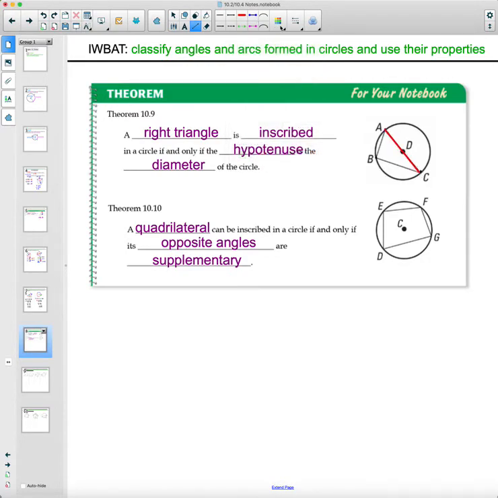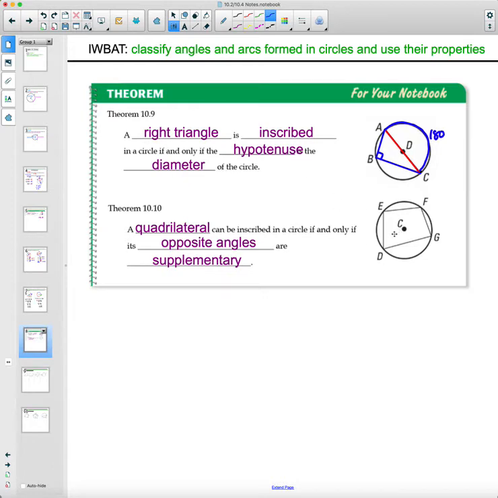The reason for that is that these two legs make an inscribed angle, because the vertex is on the edge of the circle, and this intercepted arc right here. So if this is 90, then this has to be 180 because it's double the angle. And 180 means exactly half the circle. So this AC has to be a diameter every single time.